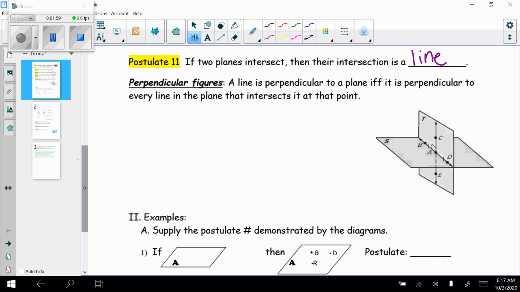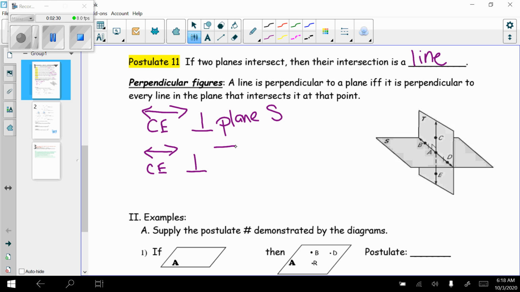So from this picture, we could say that line CE is perpendicular, there's our symbol for perpendicular, remember, to plane S. So line CE is vertical in plane T, so it's perpendicular to plane S. I can also say, because of that right angle, that line CE is perpendicular to line BD.